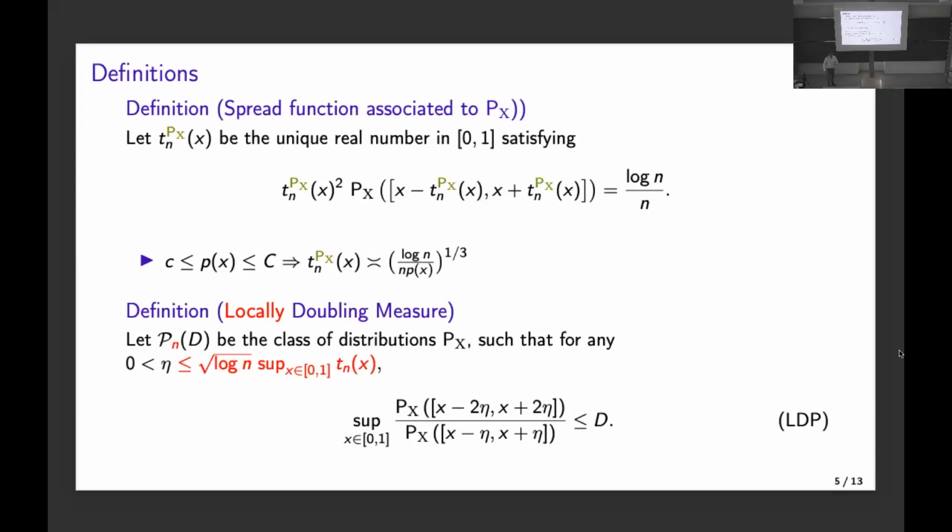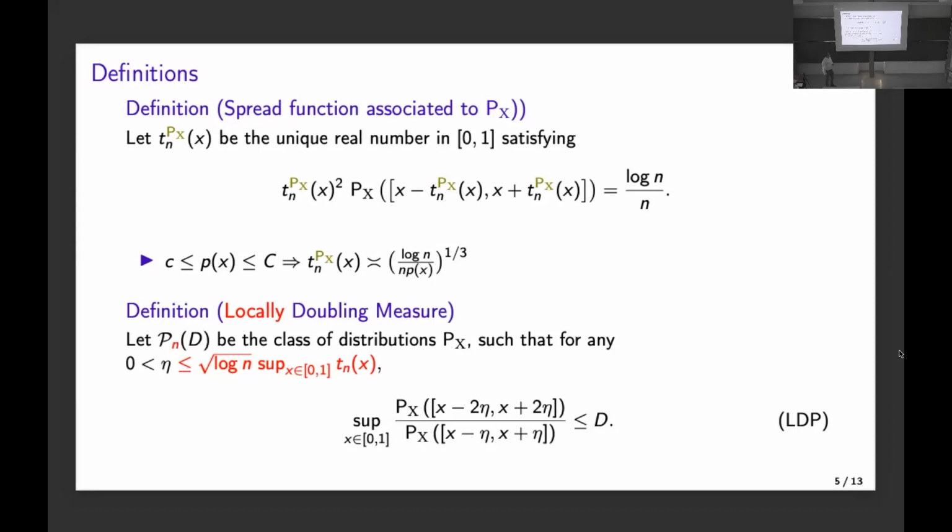What it means is that it gives the flexibility to consider distributions where you have a flat part that tends to 0, and so we don't lose this information in a constant.